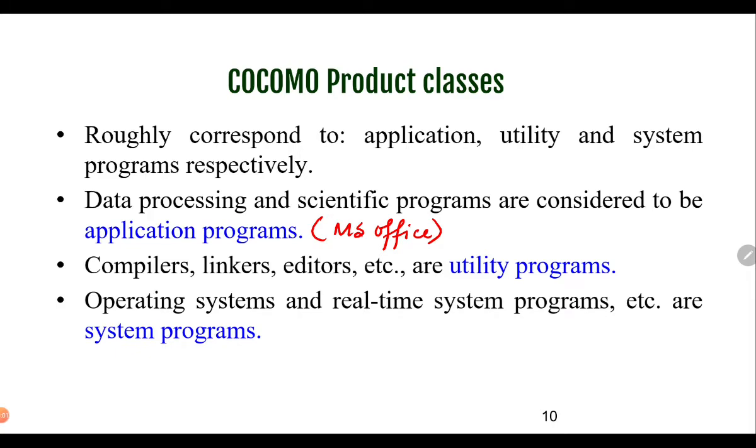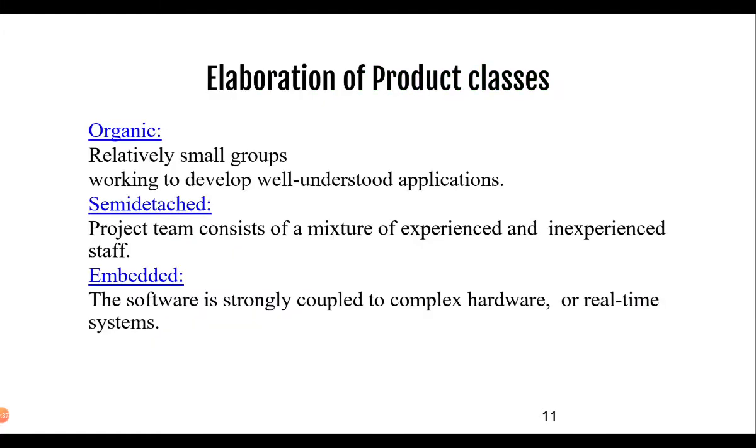All those application based programs or data processing programs basically fall into the first category. The second is the utility program, and they are basically providing services to the operating system, like compilers, linkers, editors, etc. And the third one is the system program, where we have operating systems and real-time system programs. So these COCOMO product classes are extremely important from the perspective of implementation of several programs.